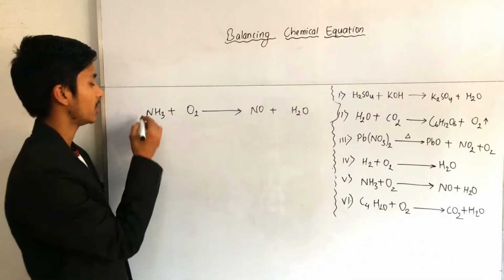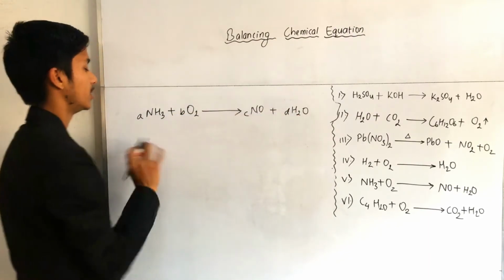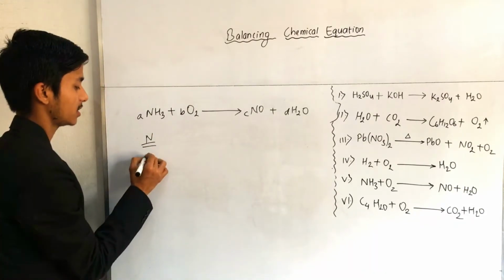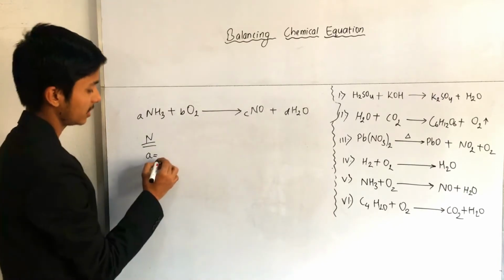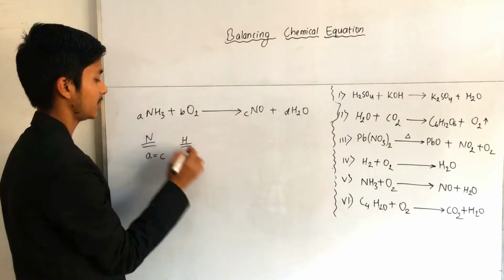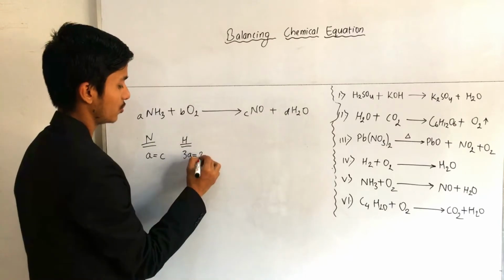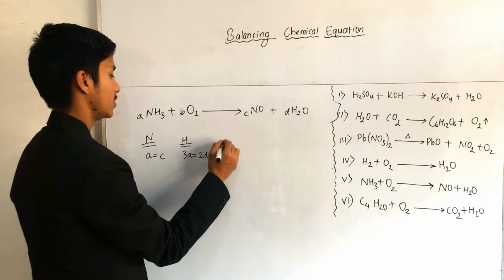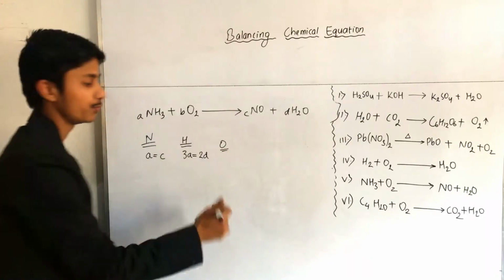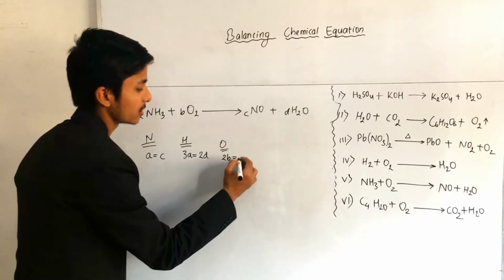Now we put here coefficients A, B, C and D. We see this side the number of nitrogen is A, and this side it is C. This side the number of hydrogen is 3A, and 3A is equal to the number of hydrogen 2D. This side oxygen is 2B, and 2B is equal to this side C plus D.